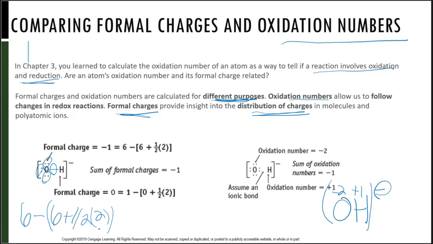Half of 2 is 1, 6 plus 1 is 7, so 6 minus 7 gives me a -1 formal charge for oxygen. And for hydrogen, hydrogen has 1 valence electron, there's no lone pairs, and there's 2 in a bonded pair. So 1 minus 1 is 0, formal charge of 0. Add those 2 up, and I get that -1 formal charge for the sum.